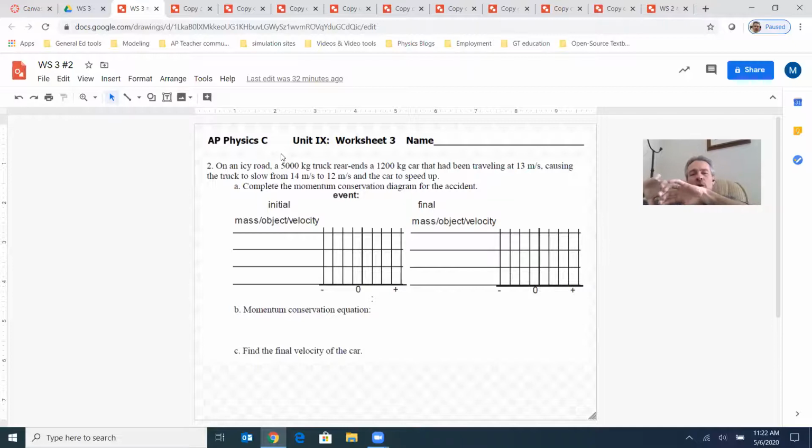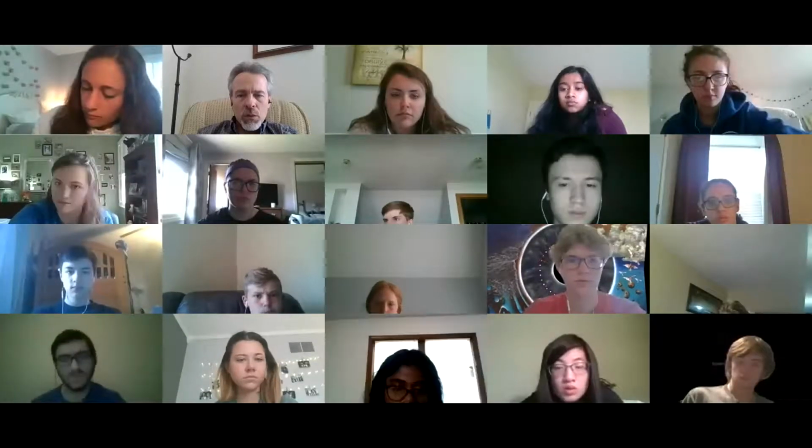So it collides with the slower car, and as a result the truck is slowed down from 14 to 12. And that car speeds up, and we're trying to figure out its new speed. So again, I don't care if you do part A, but please write the conservation of momentum equation and solve part C to figure out the final velocity. This is problem number 2 from worksheet 3. So there you go.